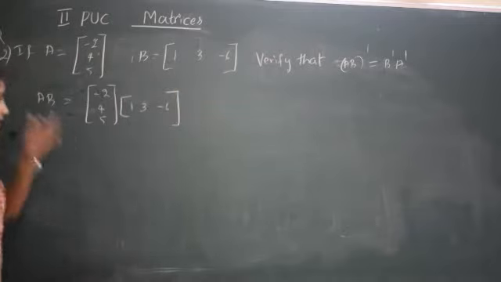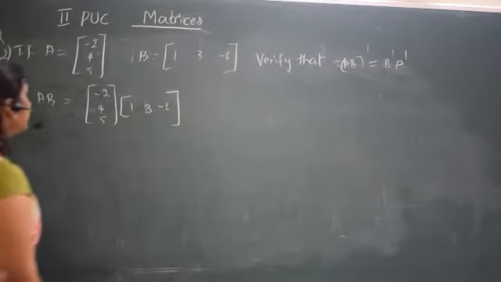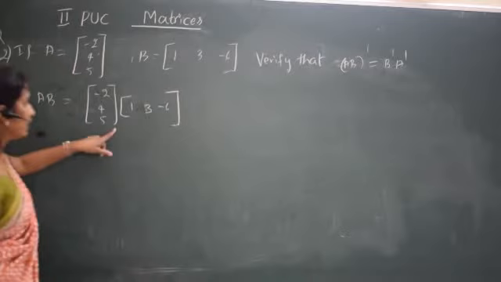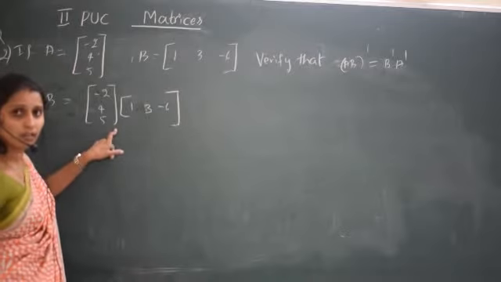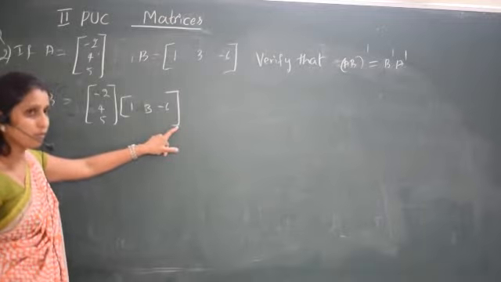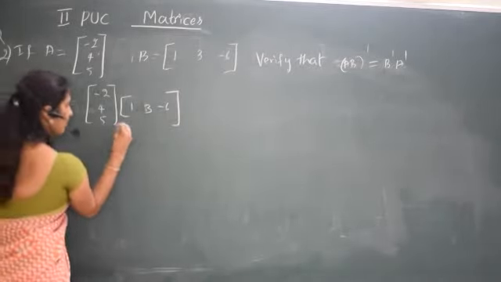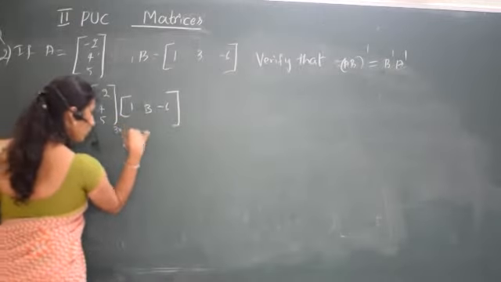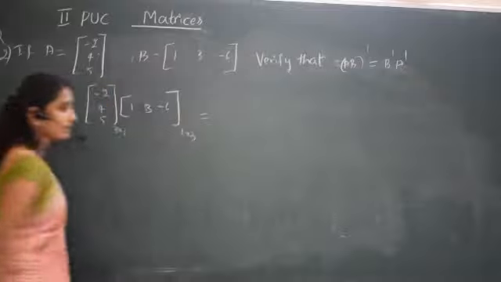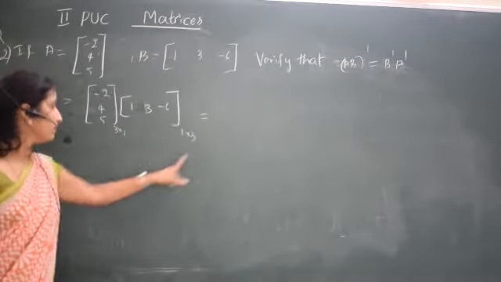So this is a matrix, and we have to find A into B. A is a 3 by 1 matrix, 3 rows and 1 column, and B has 1 row and 3 columns. So we get the answer as a 3 by 3 matrix.